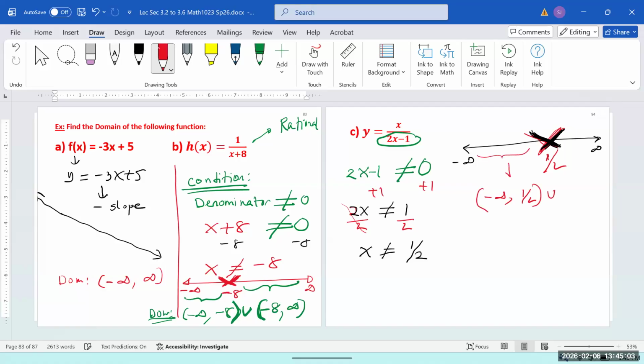So this is the left portion. And now we are going to write the right portion: 1/2 and positive infinity. So you need to write this down in this format. This is the left, this is the right. This is interval notation.